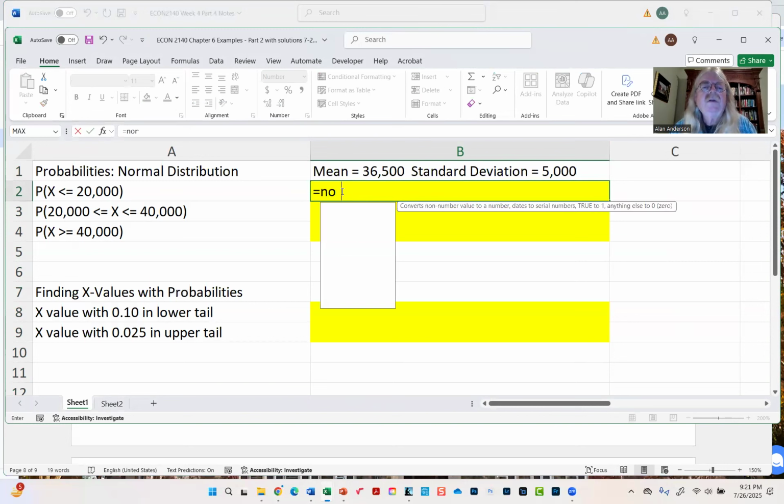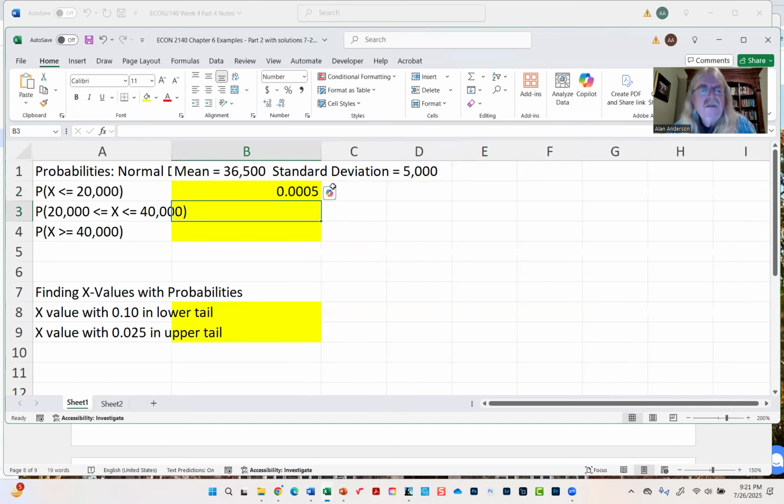Okay. So great here. So we're going to have norm.dist without the S. The X is the 20,000. The mean is 36,500. Don't try to resist the temptation to put commas in there, except to separate the numbers. The standard deviation is 5,000, and the cumulative is always 1.